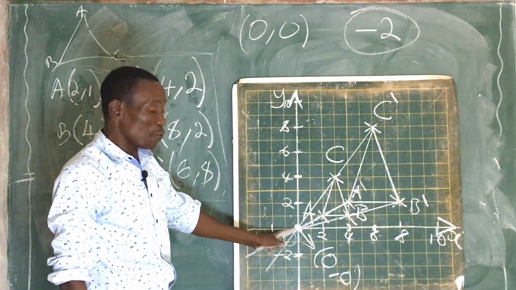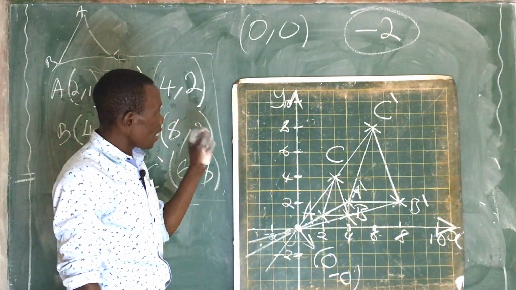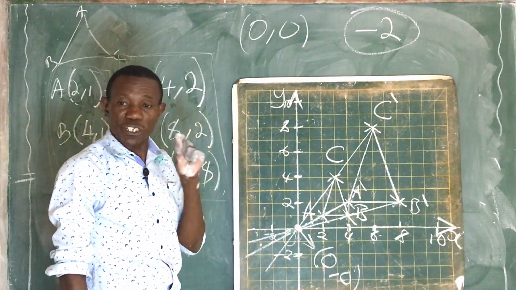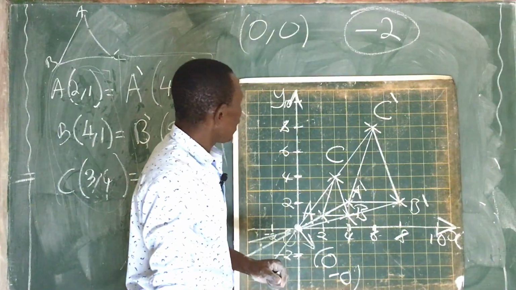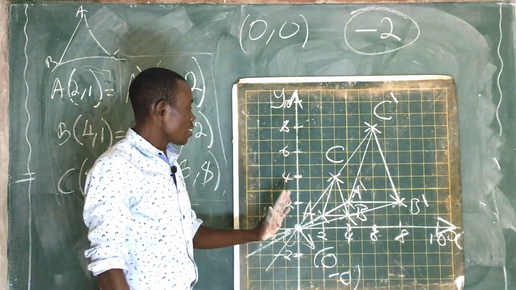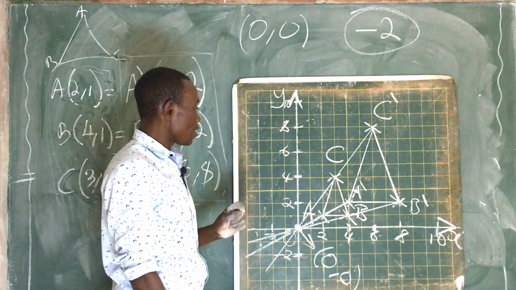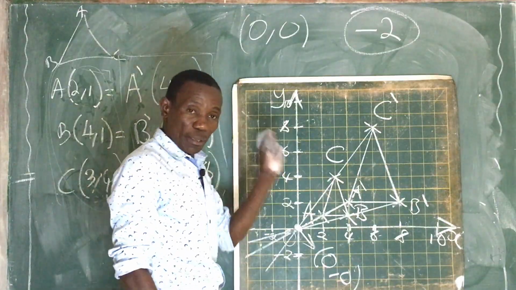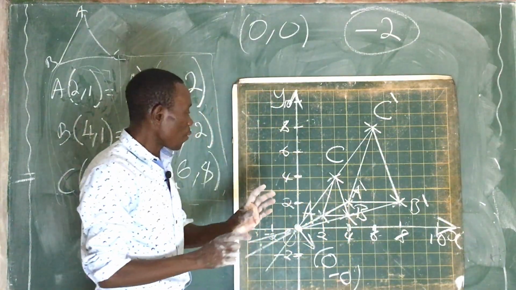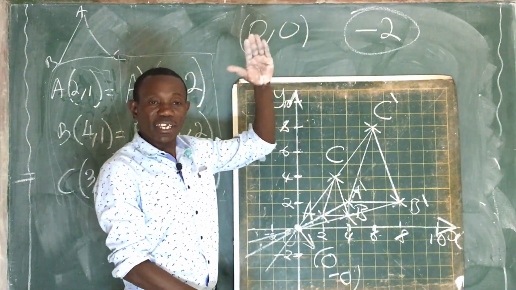What we have done here, we have used a +2. Remember what I said earlier, the nature of a scale factor will determine the status of the image. I indicated that if you are using a negative scale factor, you should expect the image to be somehow different, in the sense that the image will always be upside down.